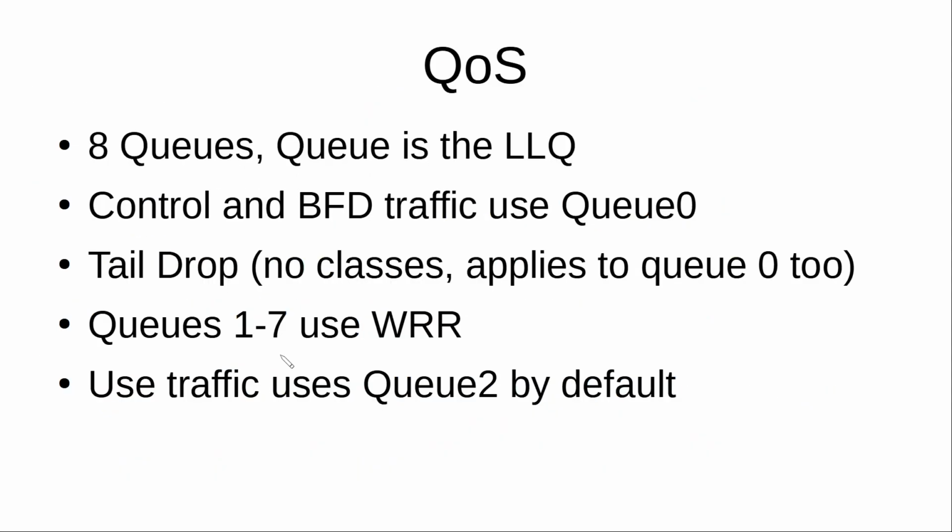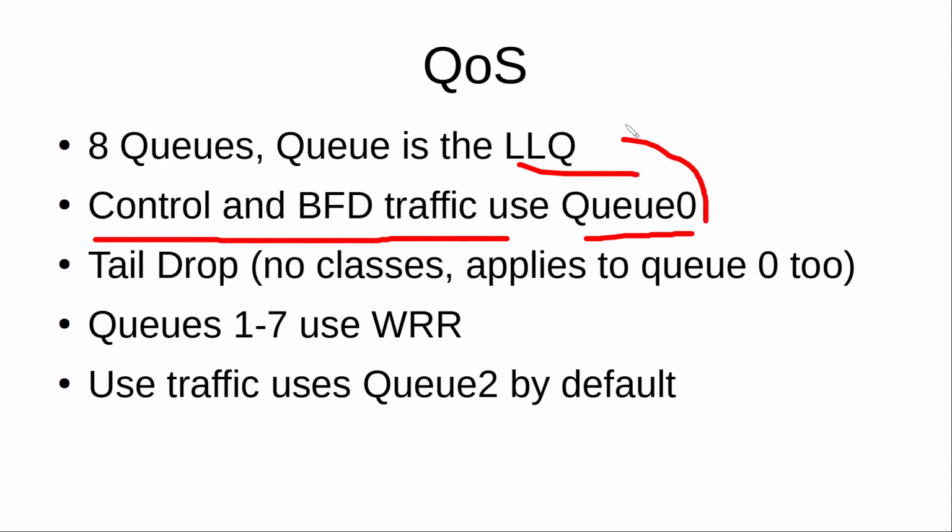The SD-WAN solution has options for quality of service. You have 8 queues, with a combination of queues and low latency queue. You have one low latency queue. Remember that the traffic for control and BFD will use queue 0 as a low latency queue. You will use for congestion avoidance a feature that is known as tail drop, but it is a really basic tail drop.